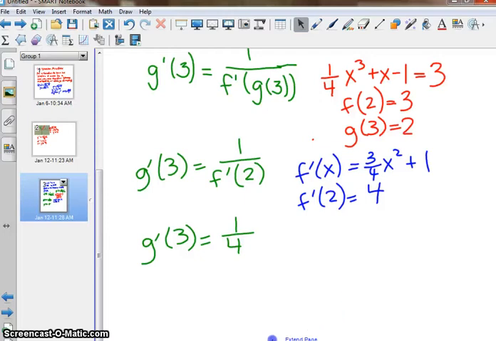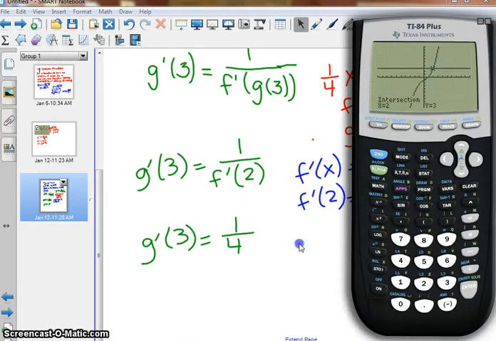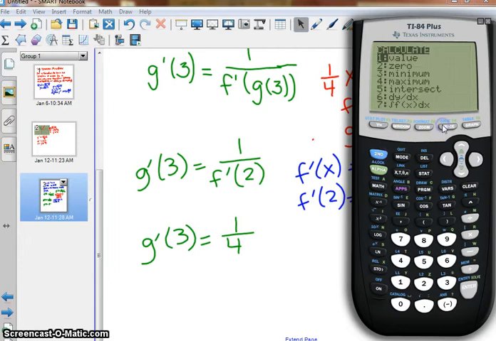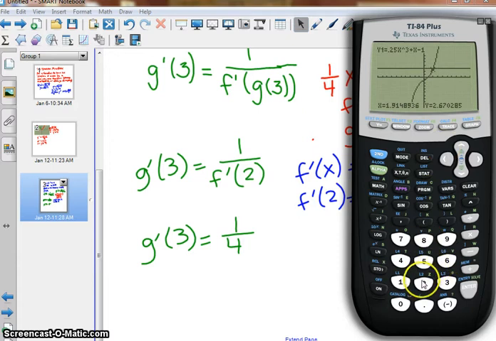I'm going to go back to the graph. I'm looking at the graph there at 2. Let's go ahead and go second calculate. Choice number 6. I'm going to plug in 2. I get the slope is equal to 4, which means on the inverse function, the slope at 3 is 1/4.